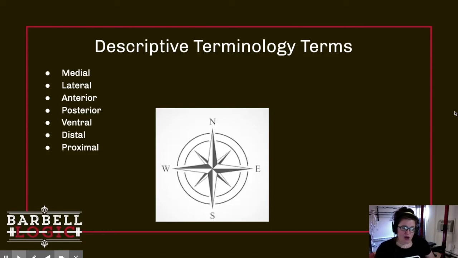Distal and proximal are used to explain positions of our extremities or on our appendicular skeleton usually. Our skeleton is made of our axial skeleton, which is our trunk, and our appendicular skeleton, which is the arms and legs, our extremities. So I can say that my hand is distal to my shoulder, or that my shoulder is proximal to my hand.